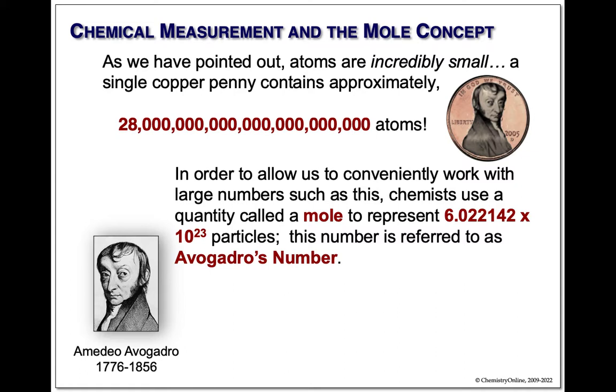So what Avogadro did was define a quantity, a unit called a mole. A mole, it turns out, has 6 times 10 to the 23rd particles, and this number, 6 times 10 to the 23rd, is what's known as Avogadro's number.